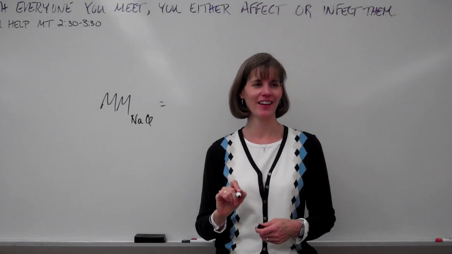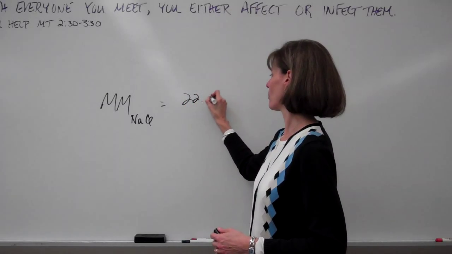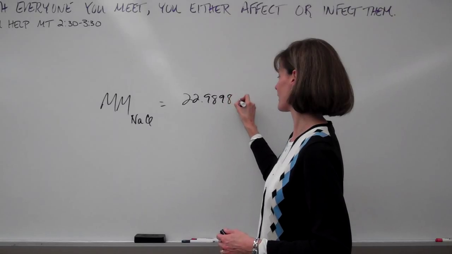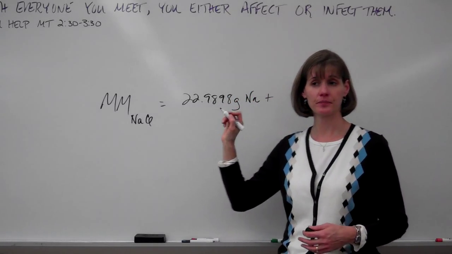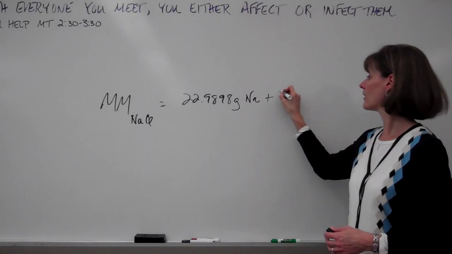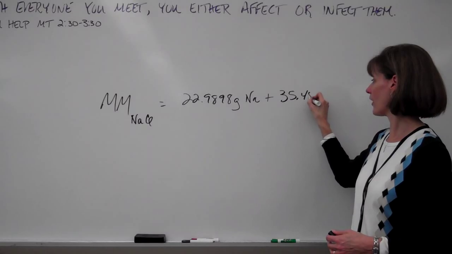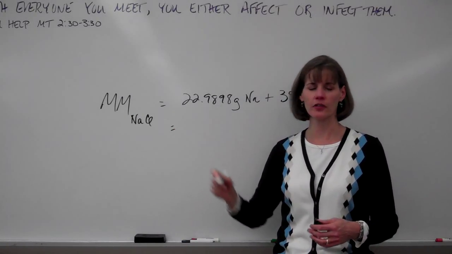Well, let's see, 22.9898 grams of sodium plus 35.453 grams of chlorine equals 58.